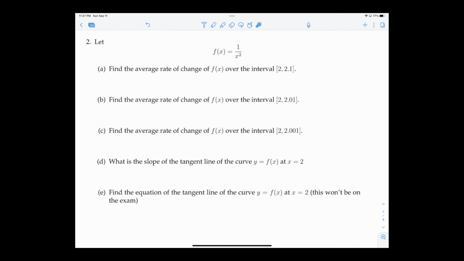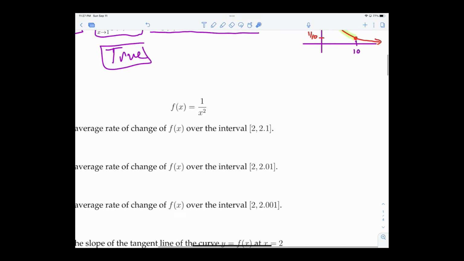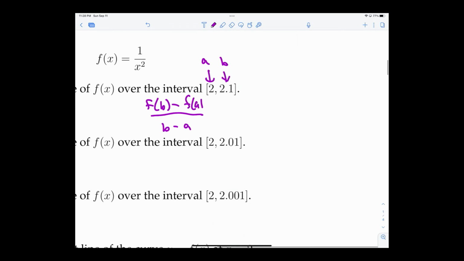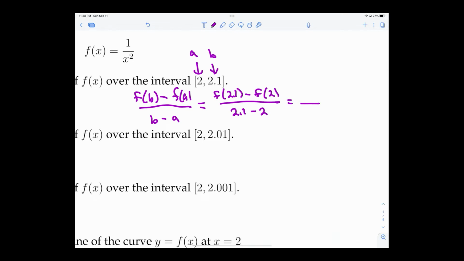Okay, so average rate of change. For all of these, you have an A and a B, and the formula for average rate of change is always going to be f of B minus f of A over B minus A. So when you do this for 2 and 2.1, f of 2.1 minus f of 2 over 2.1 minus 2 is going to be 0.1 on the bottom.